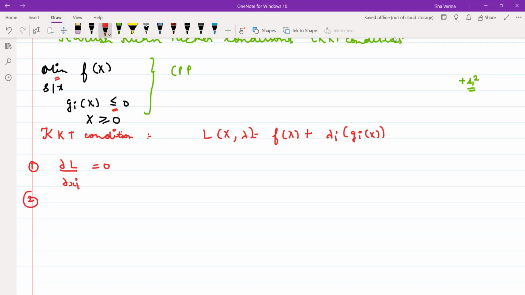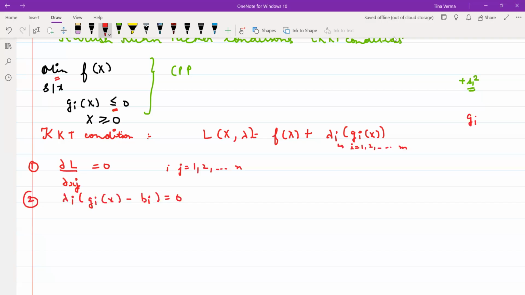The second is lambda_i into g_i(x). Here I am writing i for the constraints and j for the variables, right? So j can be 1, 2, up to the number of variables, and here I am denoting with i the number of constraints. So lambda_i (g_i(x) minus b_i) should be equal to 0.